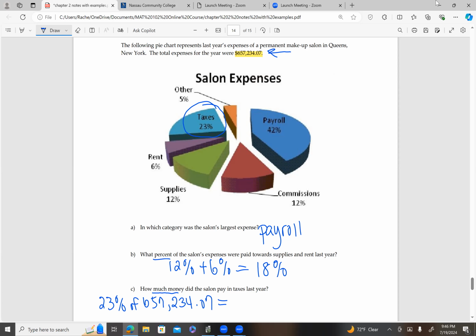And this will be a nice little review in terms of taking a percent of a whole. You might have forgotten how to do this. Whenever we want to take a percent of a whole, we have to convert the percent to decimal form. And we did that a few videos ago. So 23% is equivalent to 0.23.